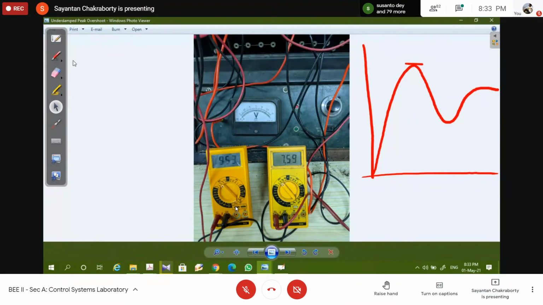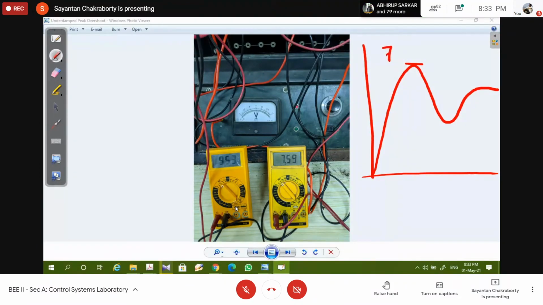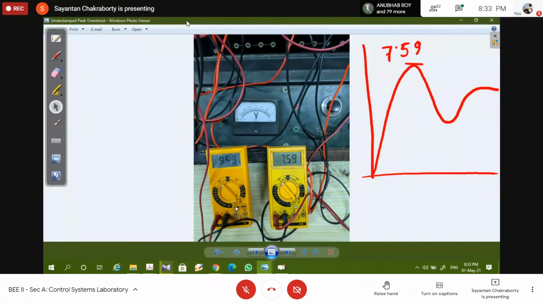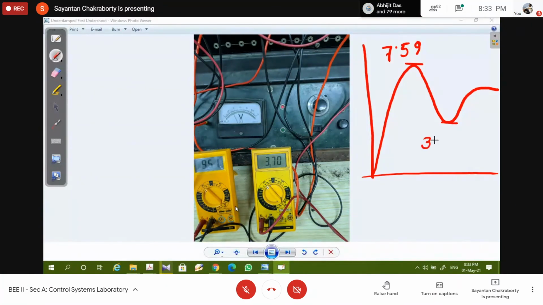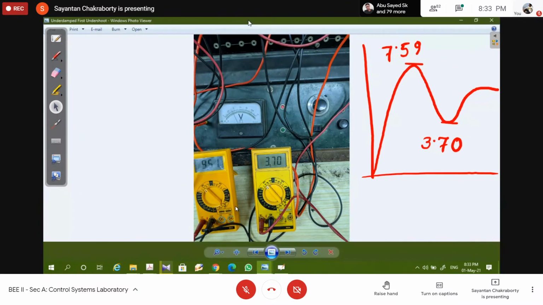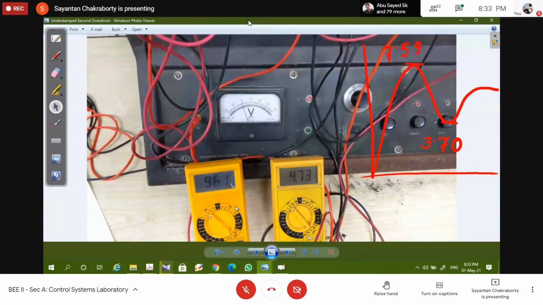This value is what I've got, 7.59. And this value is 3.70. And finally, the steady state value, 4.73.